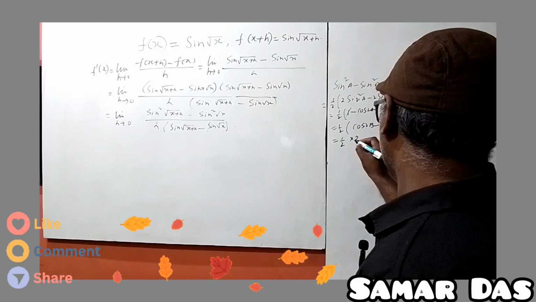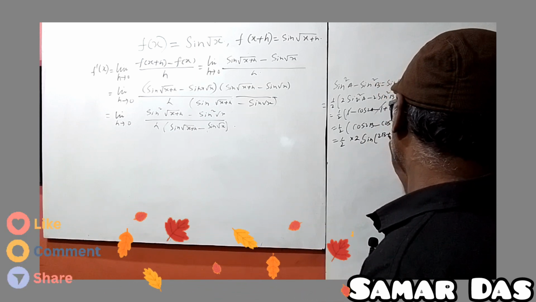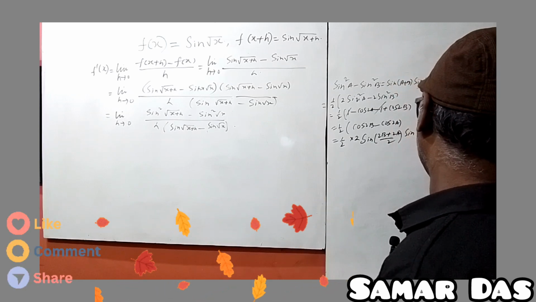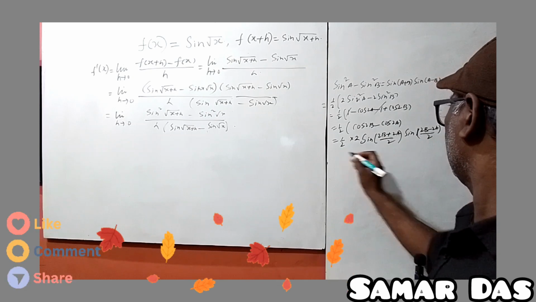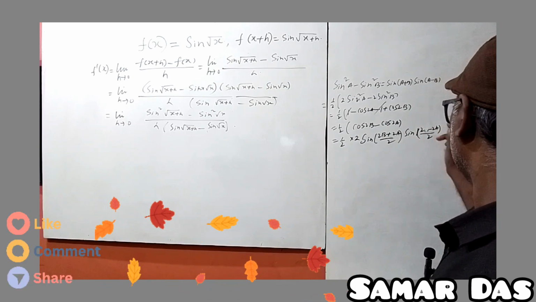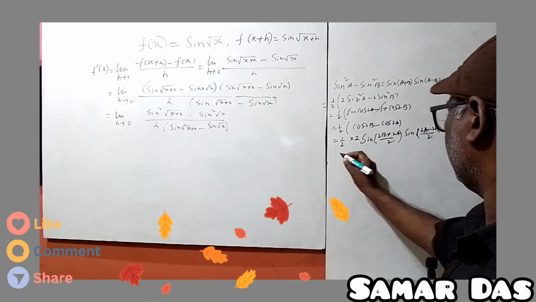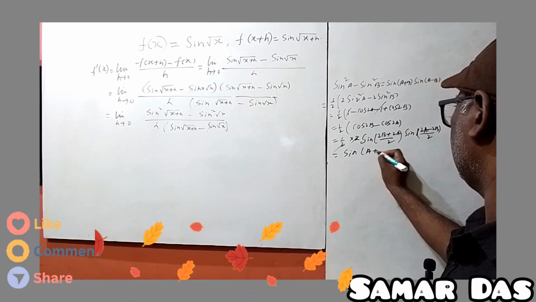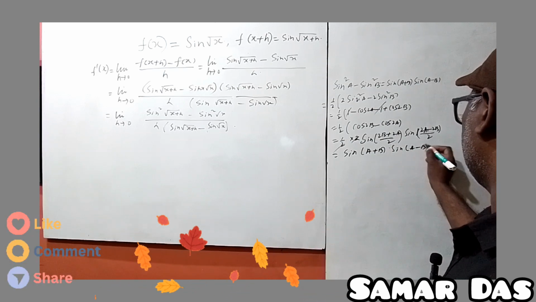Okay, 2 times of sine of 2b plus 2a by 2 into sine of 2b minus 2a by 2. The 2 cancel, so we can write sin a plus b and sin a minus b. And this is the right step.